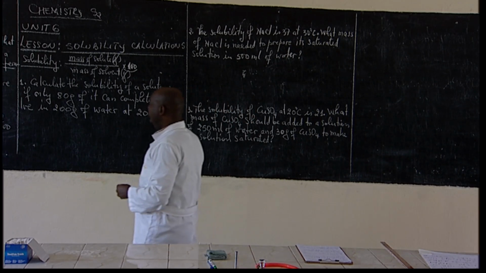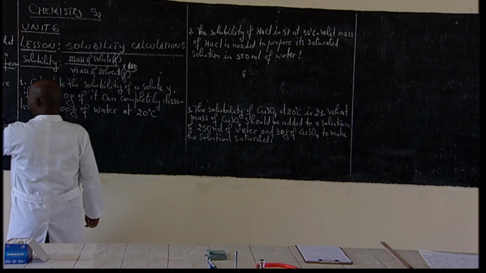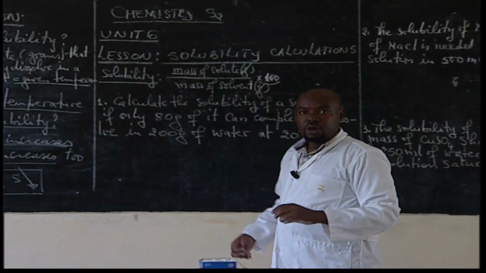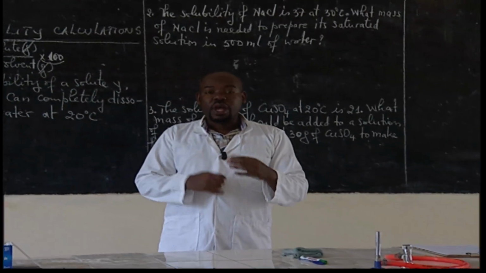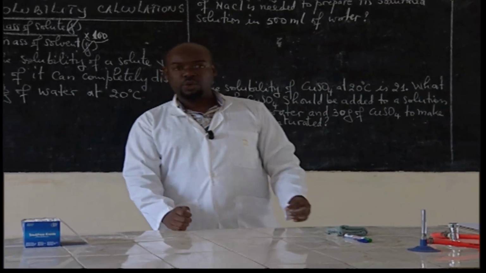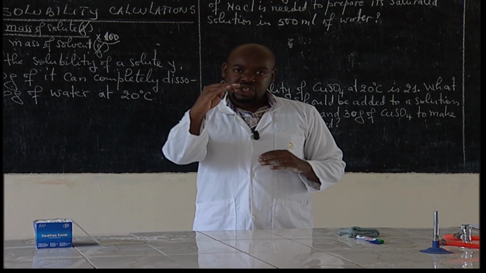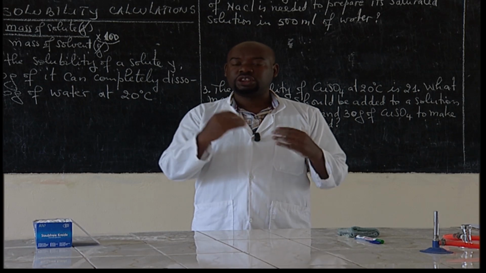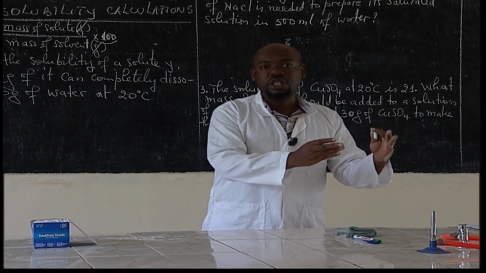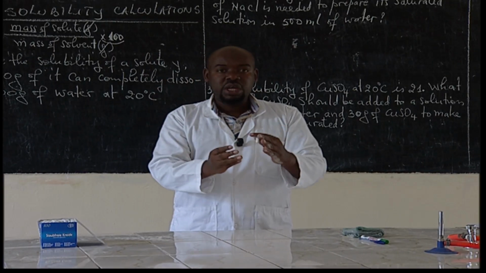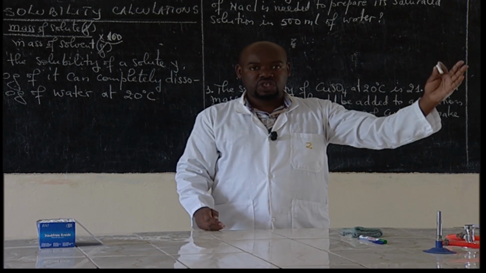Okay, and here we said, how does temperature affect solubility? When we define solubility, we have to be very specific with the temperature because, as we know, when temperature changes, solubility also changes. So when you say the solubility of a given substance is this one, it will be at a particular temperature.